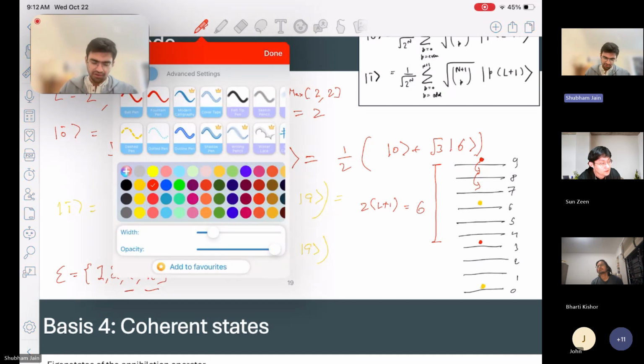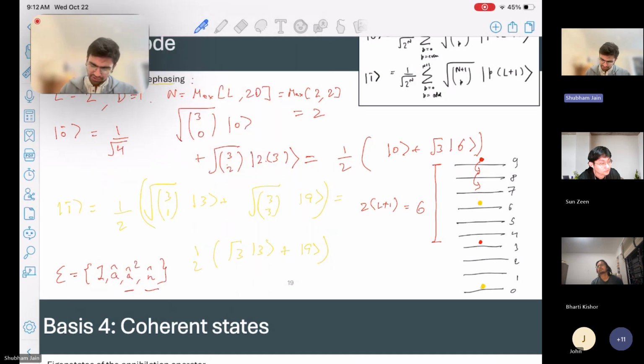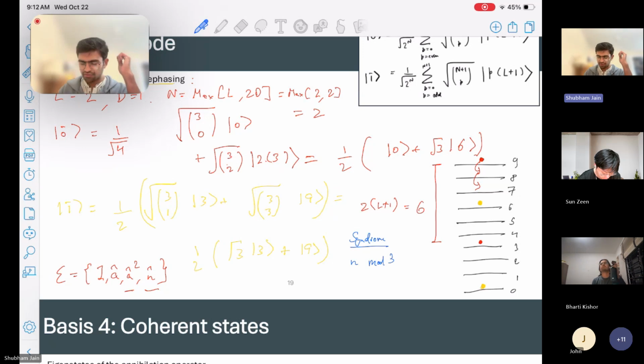We can also think of the syndrome measurement for this. Similar to the parity for the first binomial code we looked at, here we can measure, not the parity, but the Fock number mod 3. And this will tell us which error space we are in. If this is equal to 0, then this is the identity error.